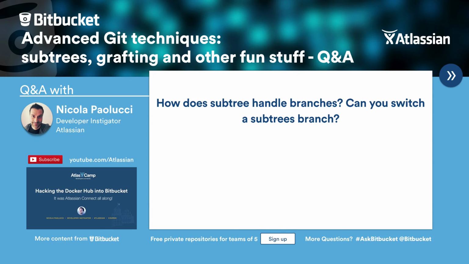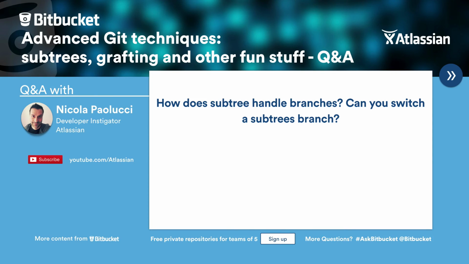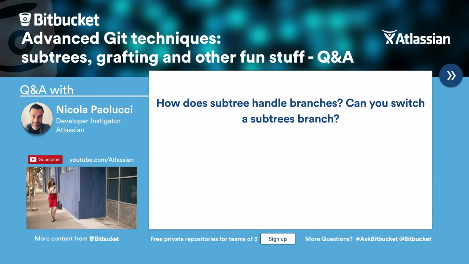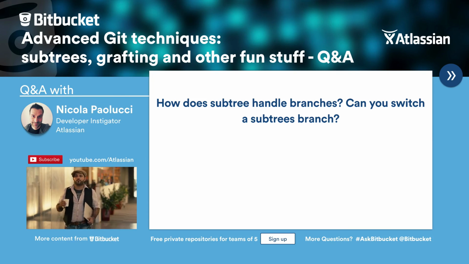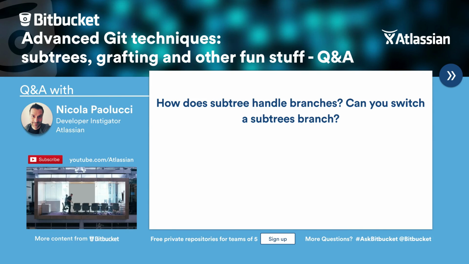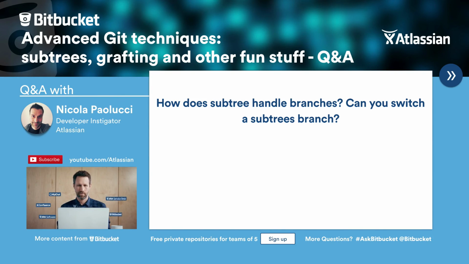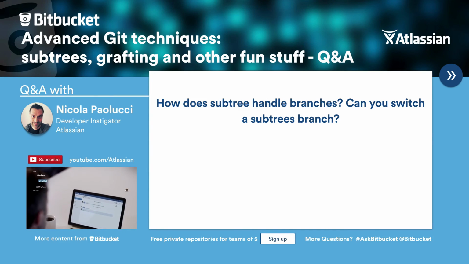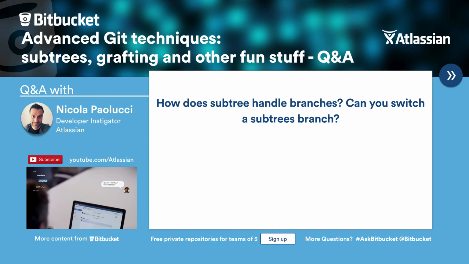Next question, how does subtree handle branches? Can you switch a subtree's branch? Yeah, the answer is how does it handle it? Whenever the person that's updating the library or the developer needs to tweak one of the dependencies, they are free to do a git subtree pull where instead of pulling master or instead of pulling version 1.0, they can pull 1.1, 1.2, 5.0.